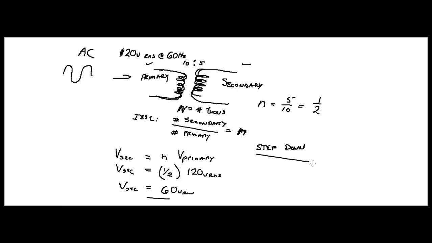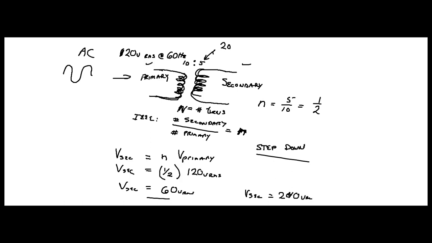Now, you can just as easily have had this, instead of 5, you could have had this be 20. In which case, if you did your numbers again, you would end up with V secondary is equal to 240 RMS.